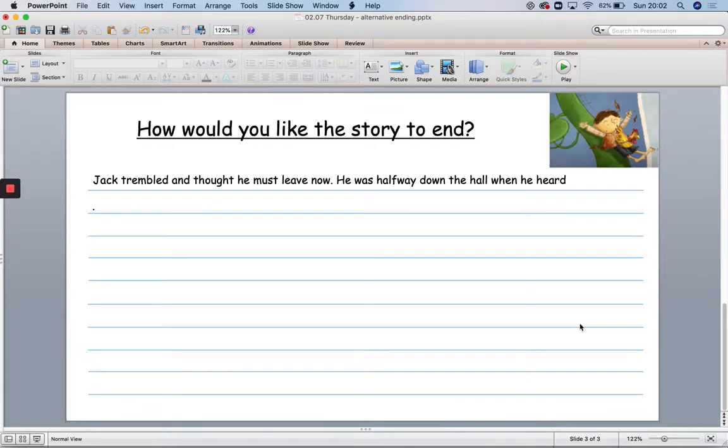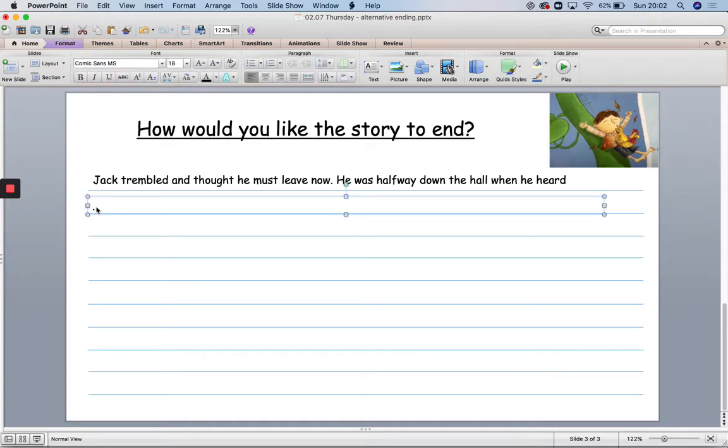I've taken this from the end of the book. I had a little listen to the story and I've carried on from this point. Jack trembled and thought he must leave now. He was halfway down the hall when he heard, oh, how am I going to finish it? I think I'm going to choose the giant becoming his friend. I'm feeling nice today.